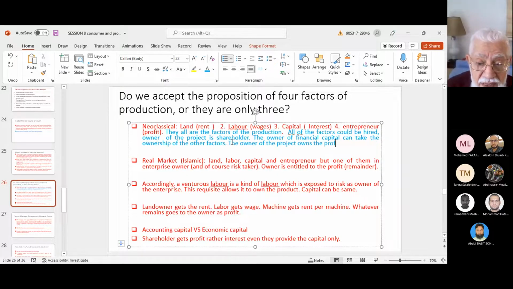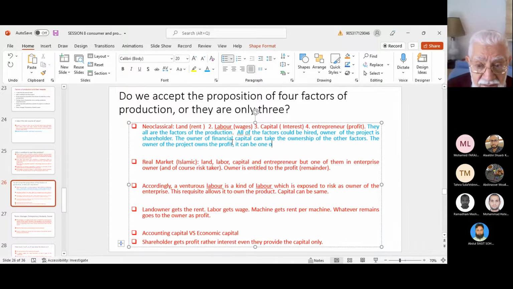And of course, then the owner of the project is the one who will take the profit when the profit arises, the added value, or the liability of the loss if a loss happens, if the added value is negative. Okay, can we agree on these?